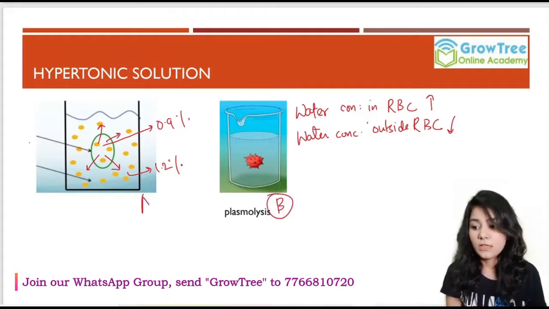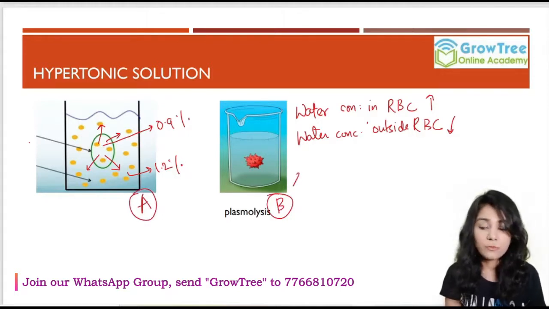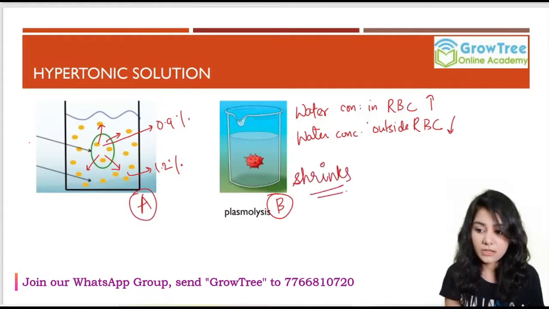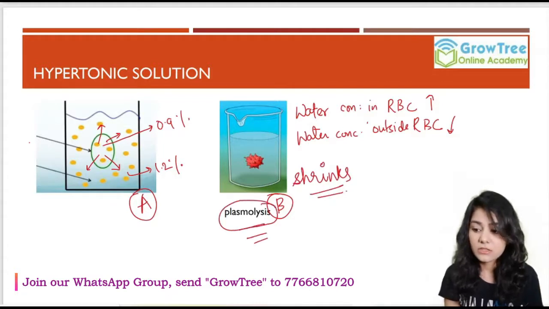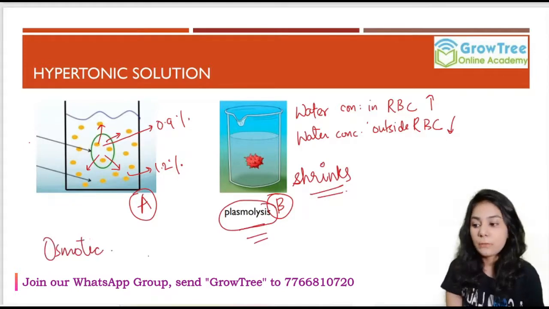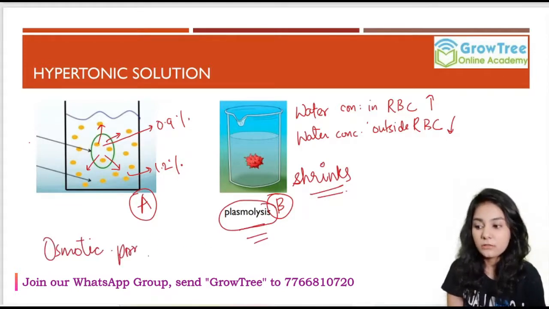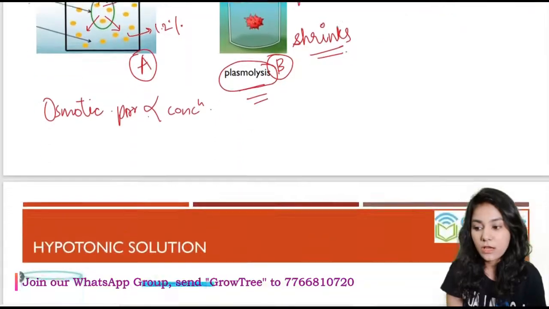As you can see in image B, the water has come out from the cell to the medium, and as a result the cell shrinks, and this condition is called plasmolysis. One thing you need to remember is that osmotic pressure is directly proportional to the concentration.